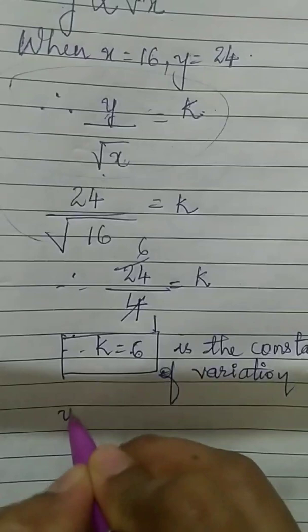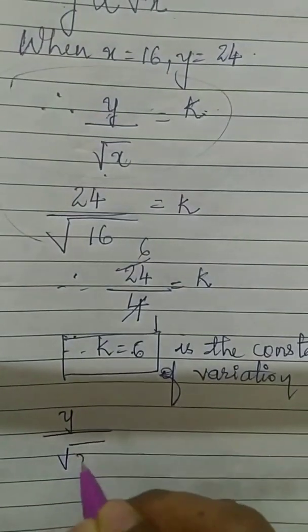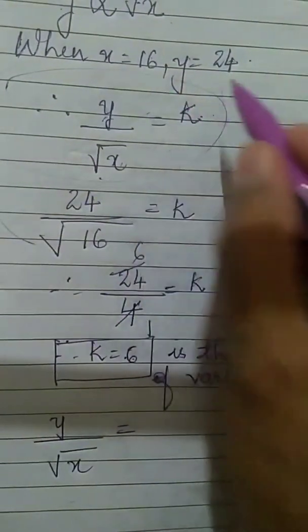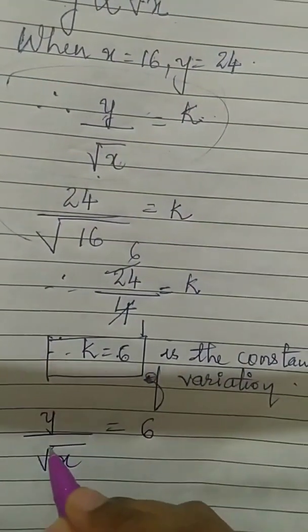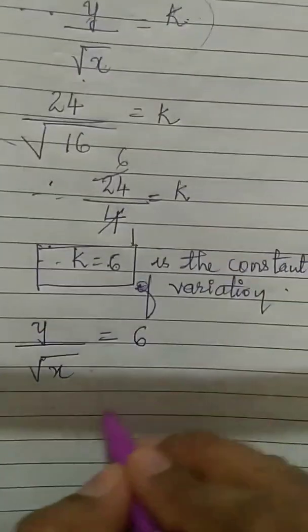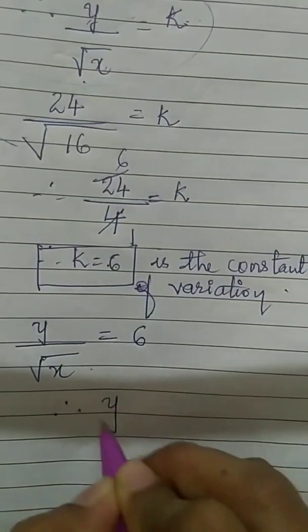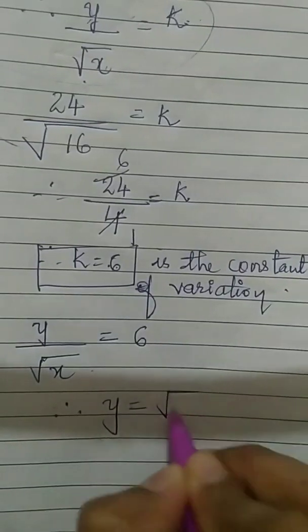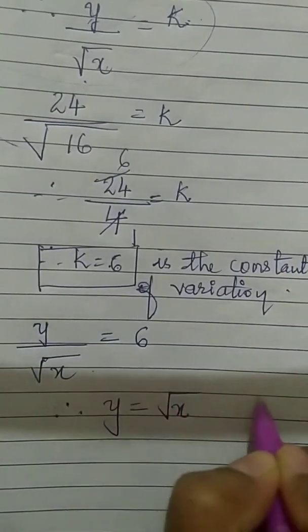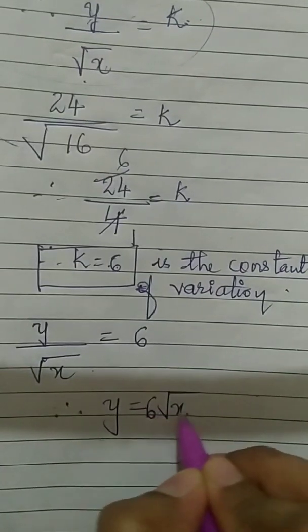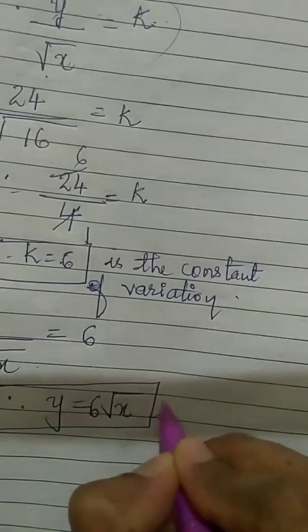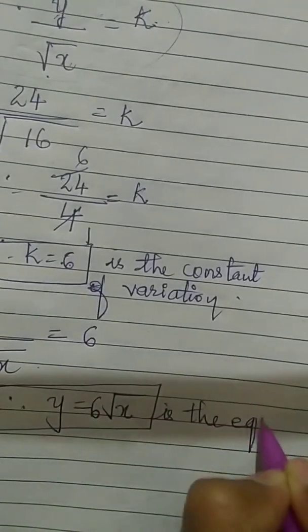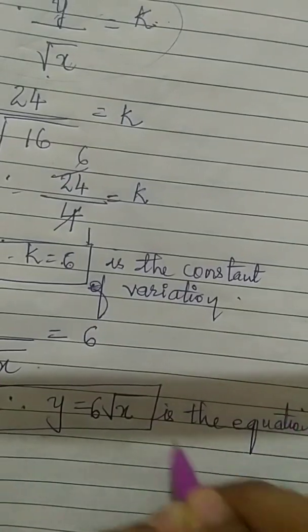So I'll write y as it is upon root of x is equal to, how much is the constant that you got? 6. So in place of k, you write 6. Now take this root x to the opposite side. So you will write, therefore, y is equal to square root of x into 6, or 6 into square root of x. Put it in a box. This is the equation of variation.